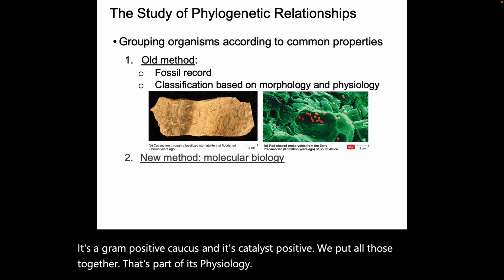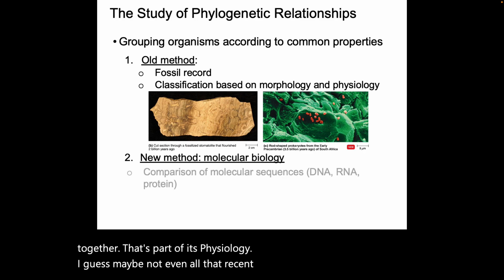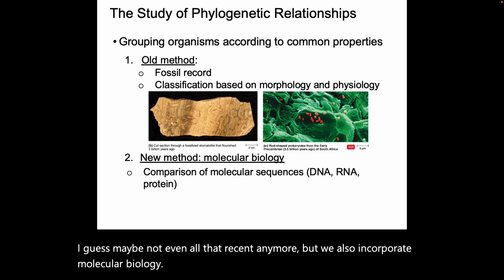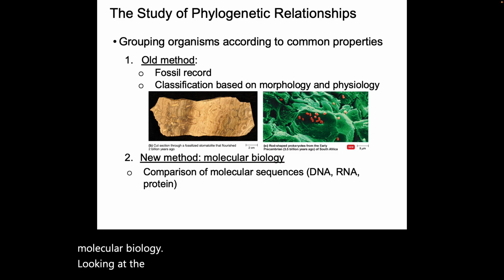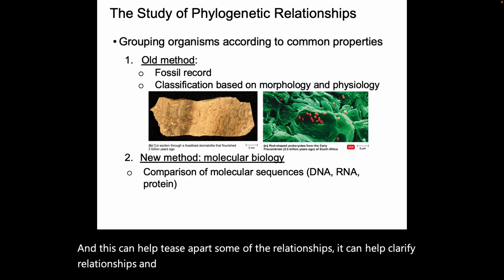More recently, I guess maybe not even all that recent anymore, but we also incorporate molecular biology, looking at the DNA, the RNA, the proteins. And this can help tease apart some of the relationships. It can help clarify relationships, and it could highlight relationships that we didn't realize actually existed.